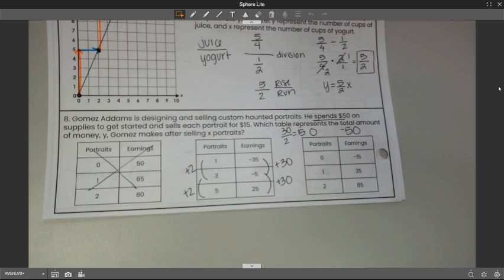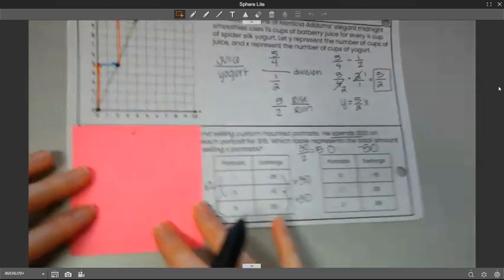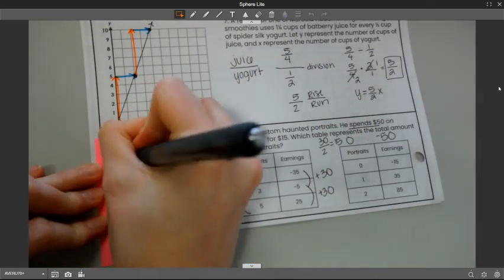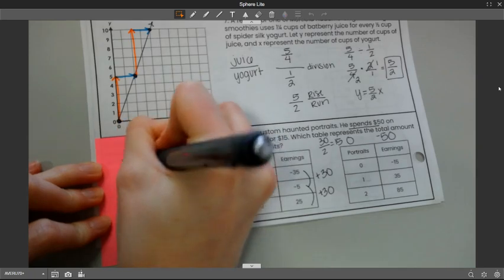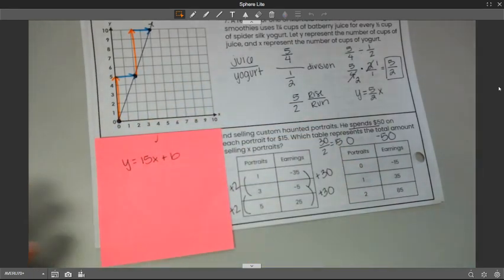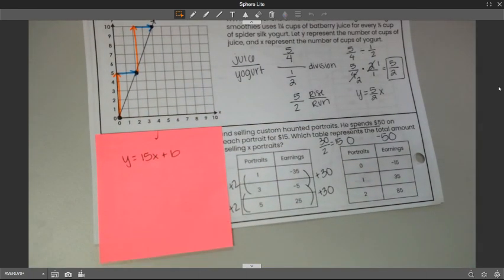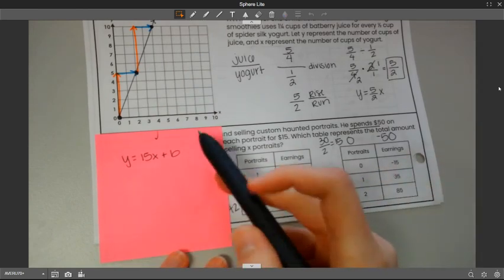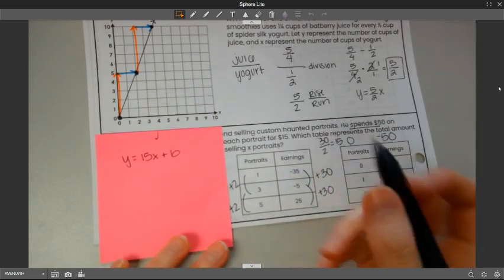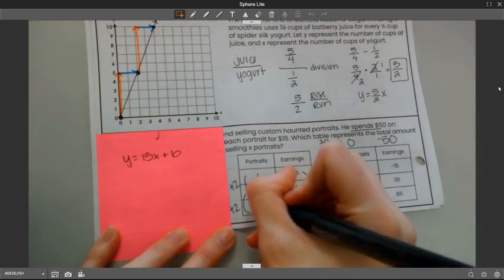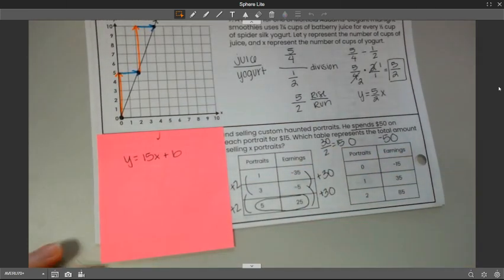Now I just need to see if I have the right y-intercept. So I'm going to add a sticky note here just so I have a little bit more space. So I'm going to plug in y is equal to 15x plus b. I plugged in what I did know. I have to solve for b. I have to solve for the y-intercept. So what I'm going to do is plug in a point. We typically like positive numbers, so I'm going to use positive.